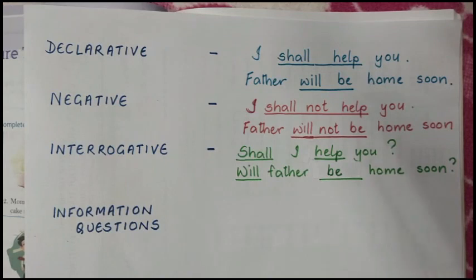Now the different forms of the simple future tense, just like in all the other tenses that we studied in the second term, here also we have the declarative, negative, interrogative, and information questions.